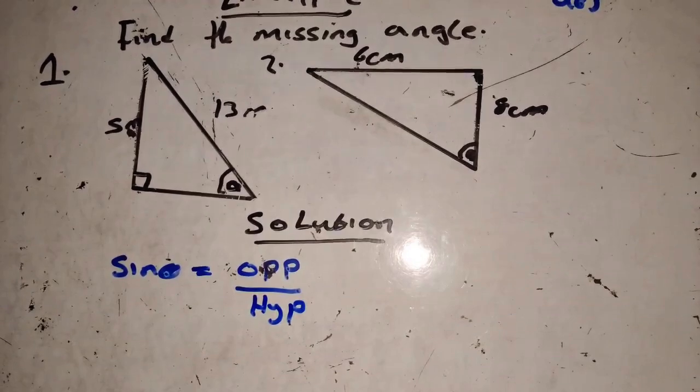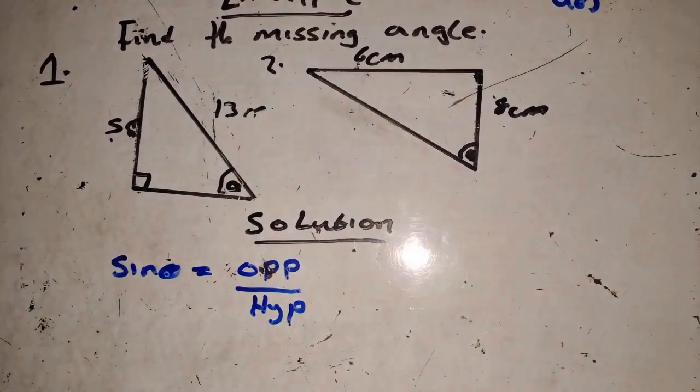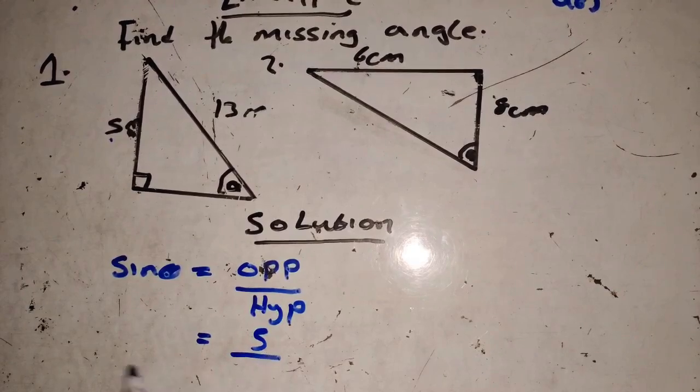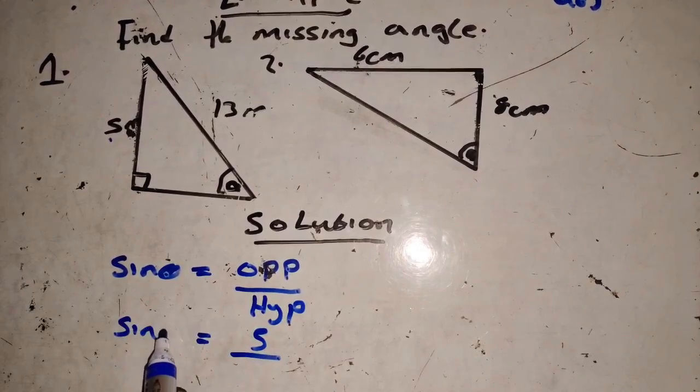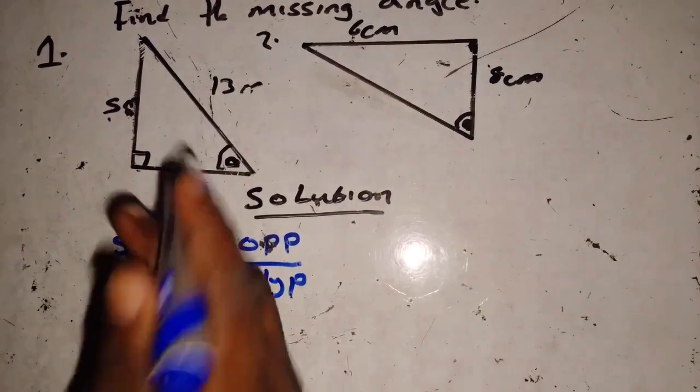It's the side opposite to the angle. So here is our opposite, and we're going to have opposite on top. So we have 5 over hypotenuse. Sine theta is equal to 5 over hypotenuse, which is 13.